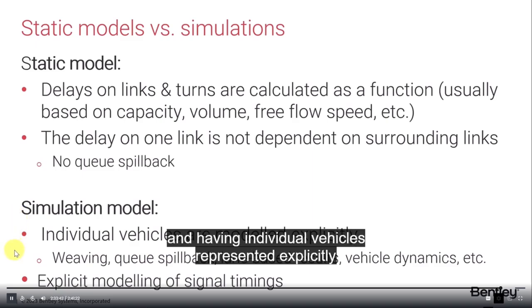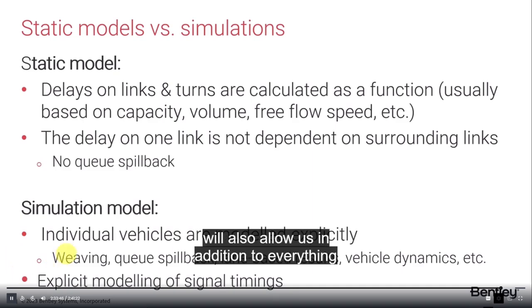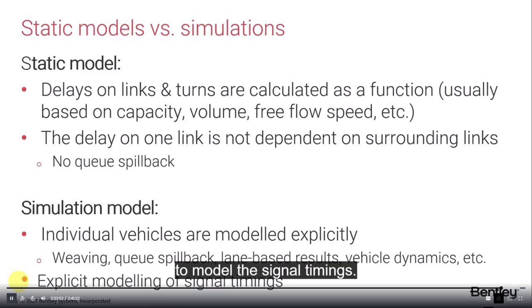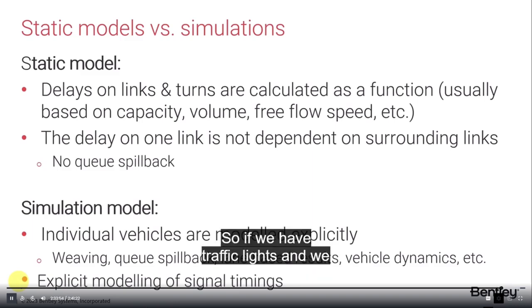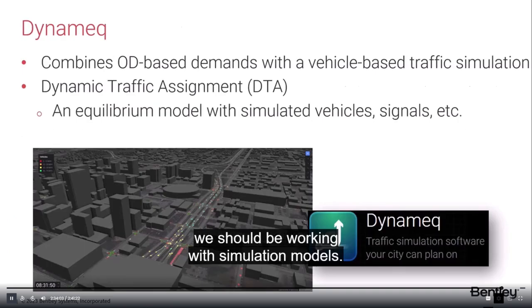And having individual vehicles represented explicitly will also allow us, in addition to everything I've already mentioned, to model the signal timings. So if we have traffic lights and we would like to have a green wave, for example, we should be working with simulation models.